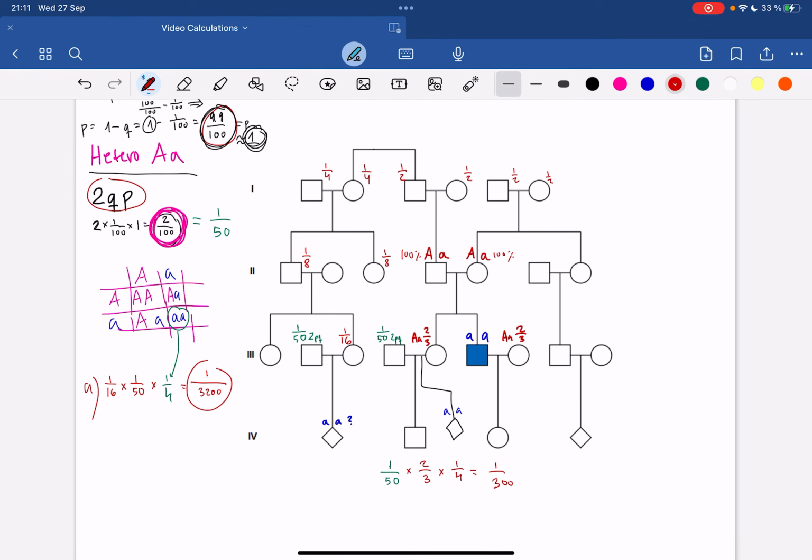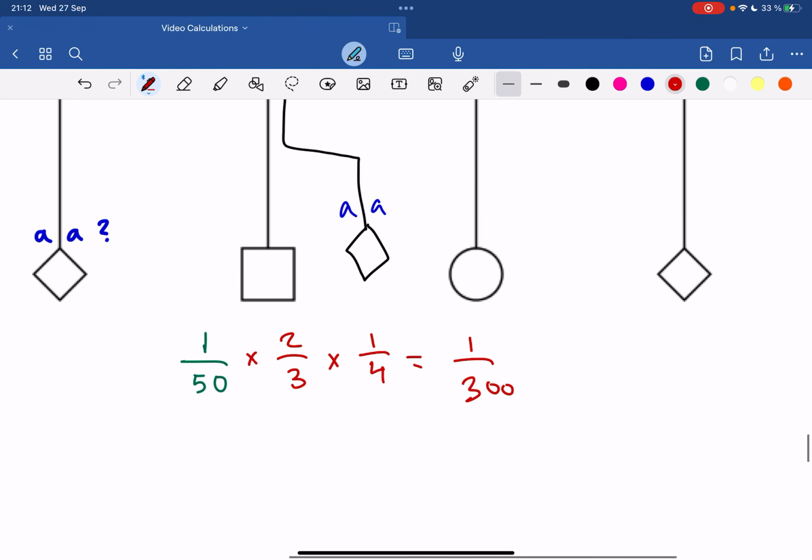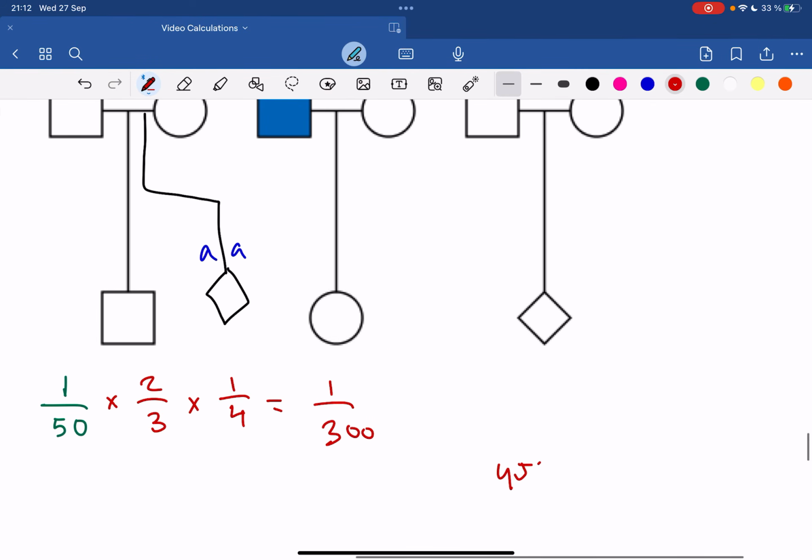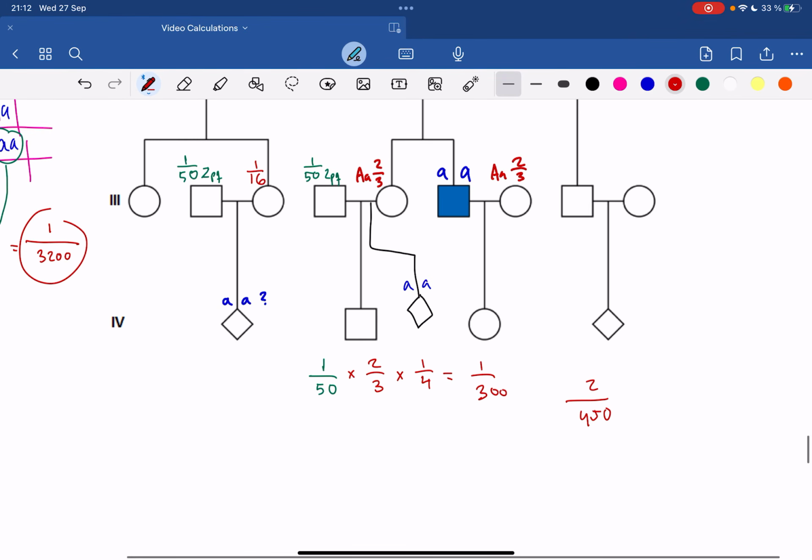Really? Why does it feel wrong? 50 times 3 is 150 times 4 is 450. 2 out of 450. Yeah, that seems wrong. 1 out of 300.